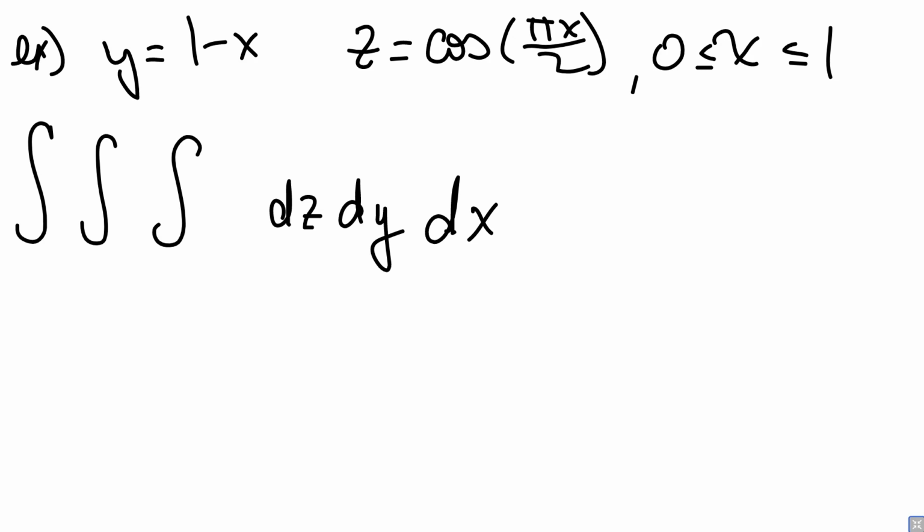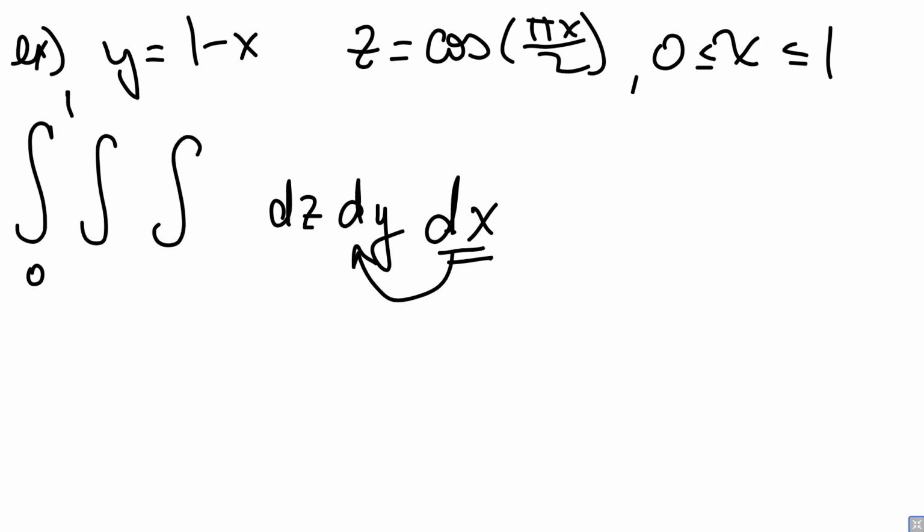Now since x is last, it has to be numerical values. We have enough information here to tell us what the values for x are. So what would they be? Yes, it's going to be from 0 to 1. Next is going to be y.